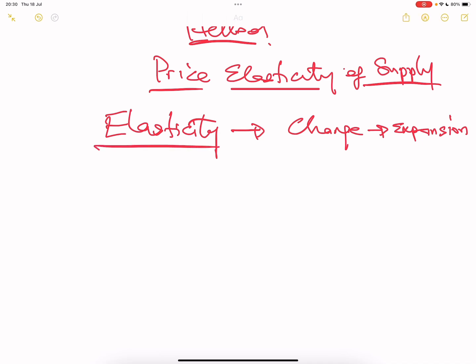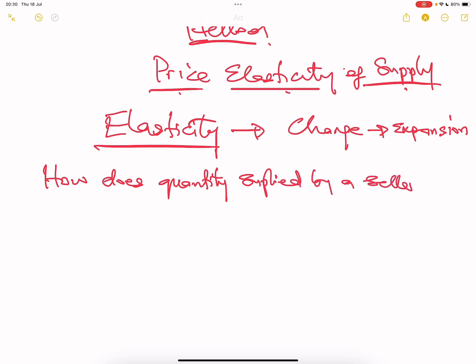So what does this mean? When we talk of price elasticity of supply, the question that we're trying to answer is, how does quantity supply by a seller change when the price of the good changes?